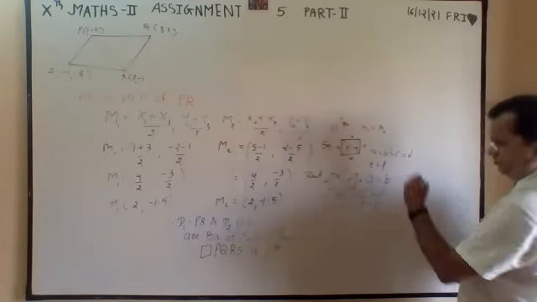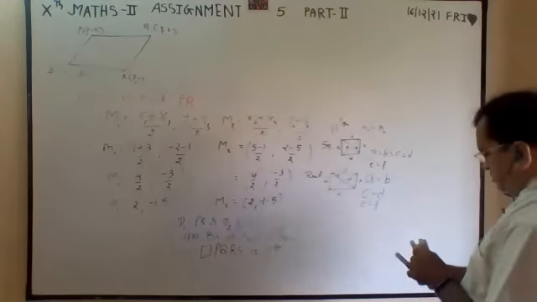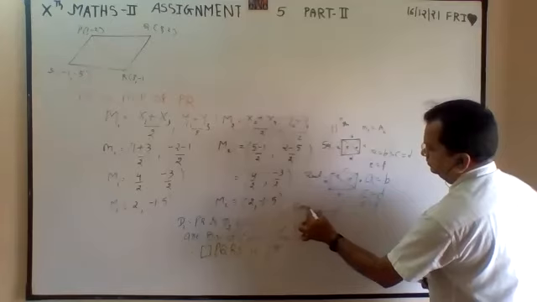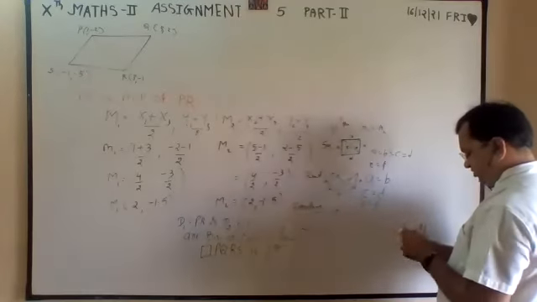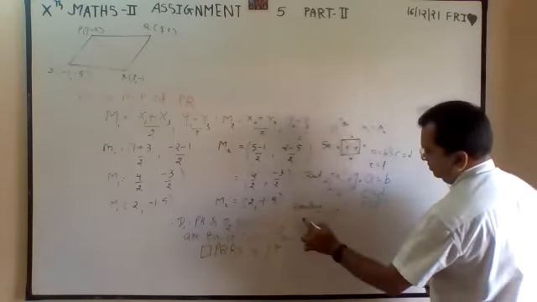E is equal to F. Three pair. Suppose you have to prove rhombus. Rhombus. So all the sides A, B, C, D. A is equal to B is equal to C is equal to D.